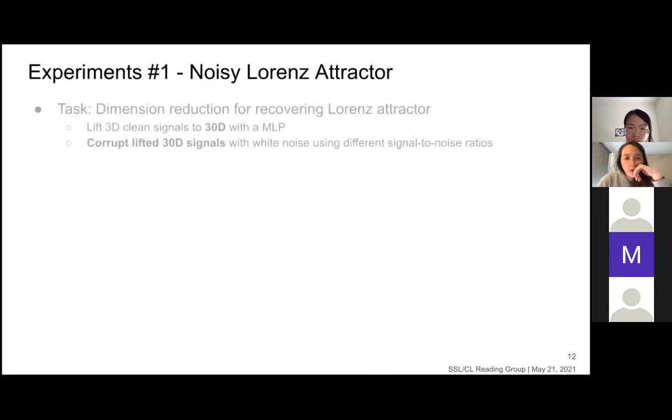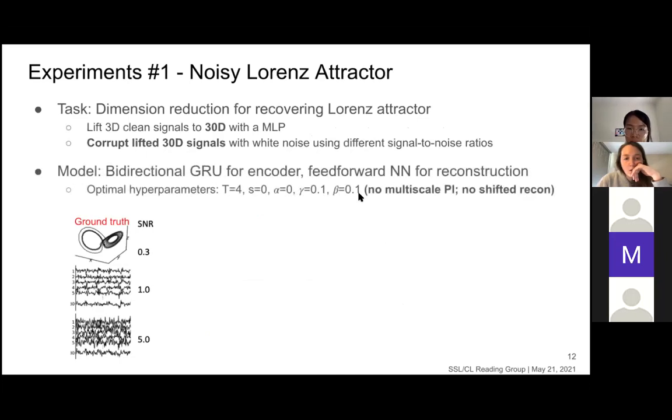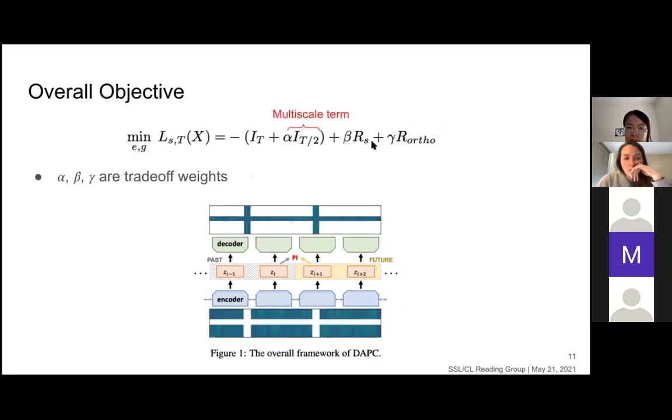Okay. And alpha, gamma, beta are the weights. Alpha equals 0 means they don't use the multi-scale term in this experiment. And beta and gamma are weights for the reconstruction loss as well as the orthogonality penalty.